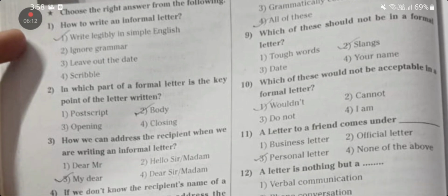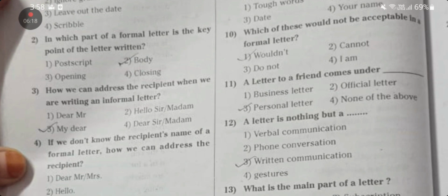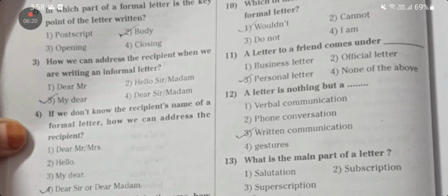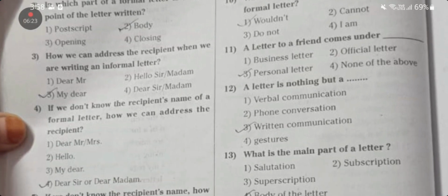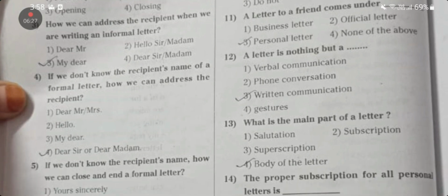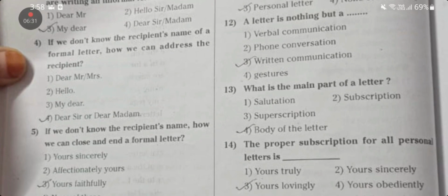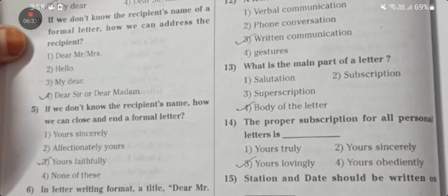In which part of a formal letter is the key point of the letter written? Body. How can we address the recipient when we are writing an informal letter? My dear. If we don't know the recipient's name in a formal letter, how can we address the recipient? Dear Sir or Dear Madam.